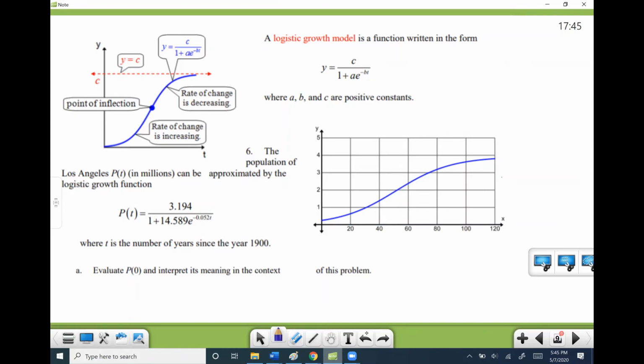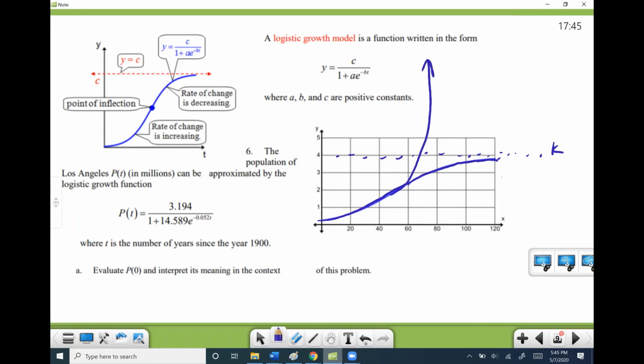So typically you'll have a horizontal asymptote, that's your carrying capacity. Let's say the Earth could only hold so many people, your carrying capacity K. Then we should expect the population to approach that carrying capacity, right? But not go past it like exponential growth does.